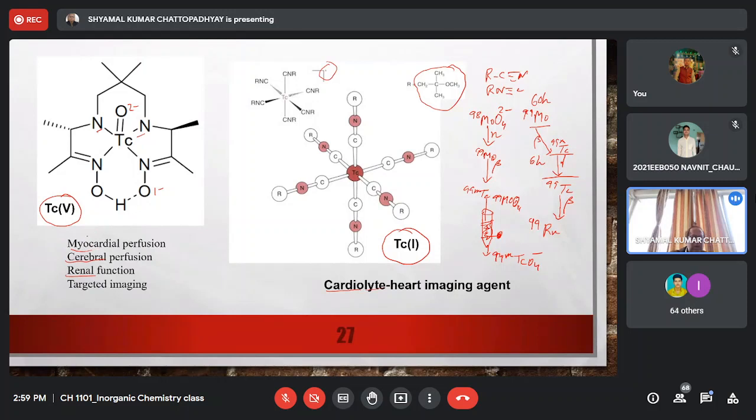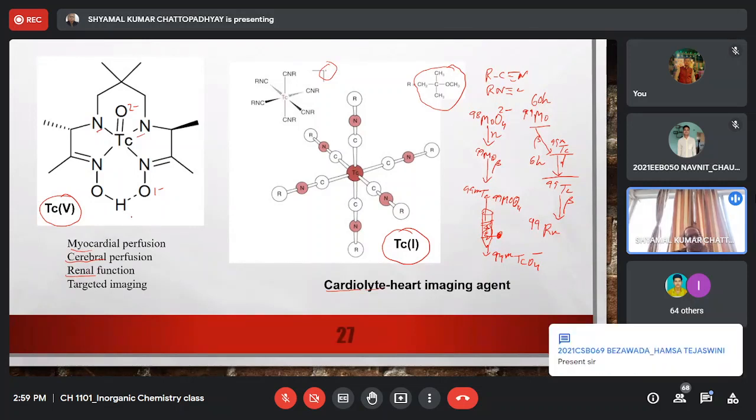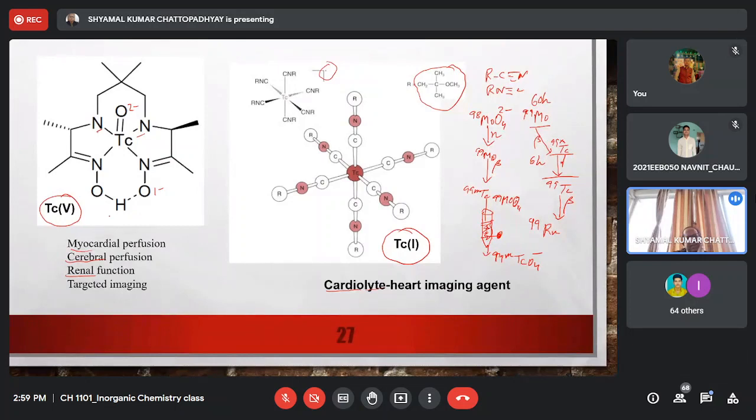You can use it for heart imaging, you can use it for cerebral imaging, that is brain imaging, you can use it also for renal imaging, that is imaging of the kidney, kidney cells. So technetium is a very important radioisotope. And when you mention any radioisotope for imaging purposes, you must have technetium among the examples because probably this is the most important radioisotope for imaging purposes.